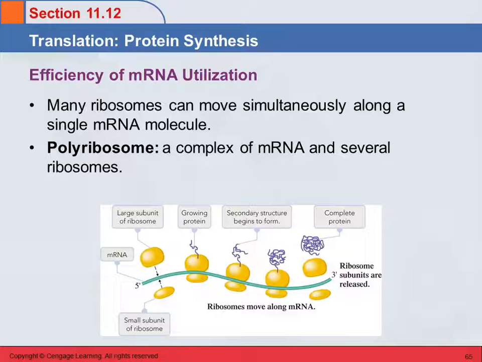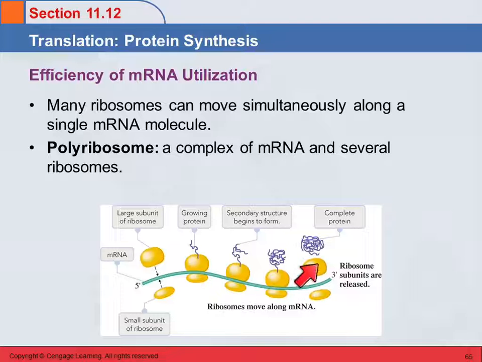This is actually a very efficient process, because as this picture shows us, on one strand of messenger RNA, you can have multiple ribosomes on that same messenger RNA moving along. So it's a little bit like a water slide. You don't have to go down one at a time and wait till the person gets all the way to the bottom.